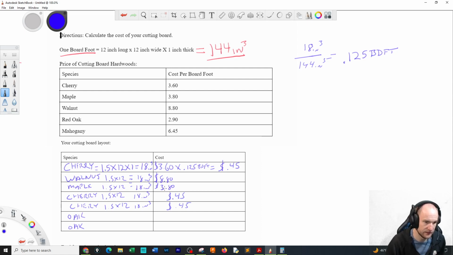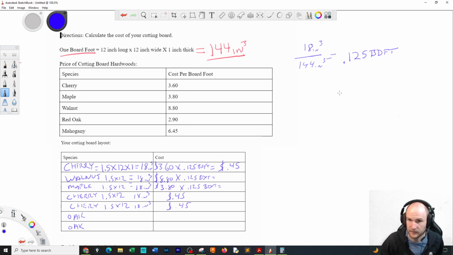And then I'll get to the oak in a minute. Since it's the same exact size, I don't have to do any extra calculating. I can do 0.125 board feet. And this one's the same, 0.125 board feet.